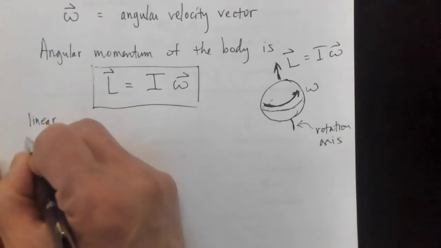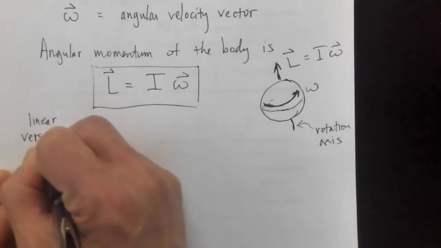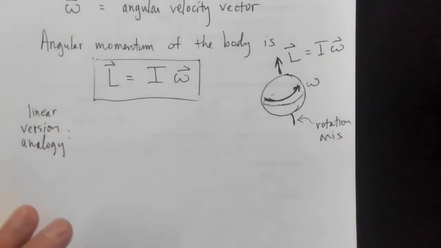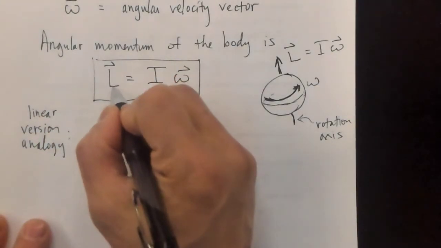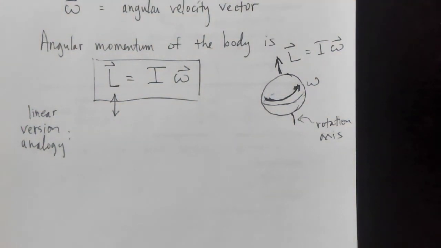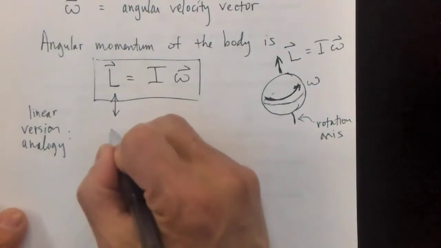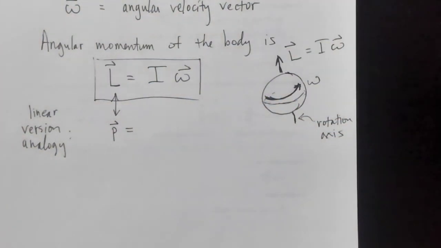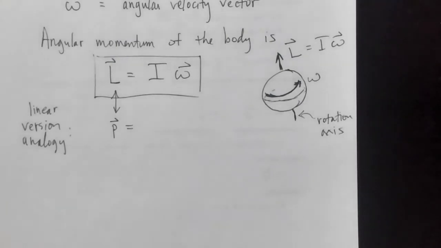So if I have the linear analogy, I can make these connections. This is angular momentum L. What do you think the linear analogy to angular momentum would be? Yeah, just take the word angular off. It's just regular momentum. What was the analog to moment of inertia in the linear case?